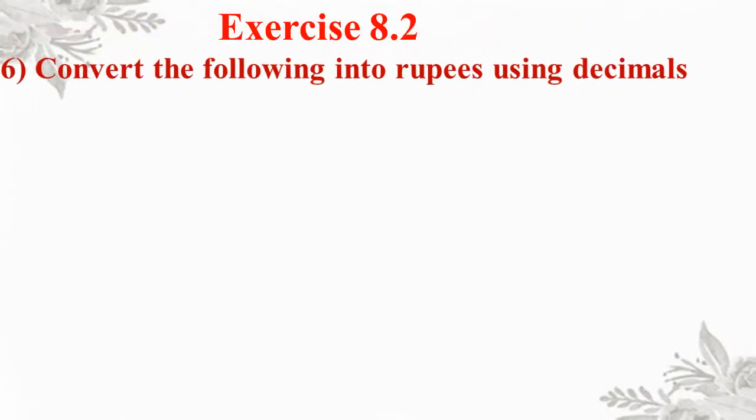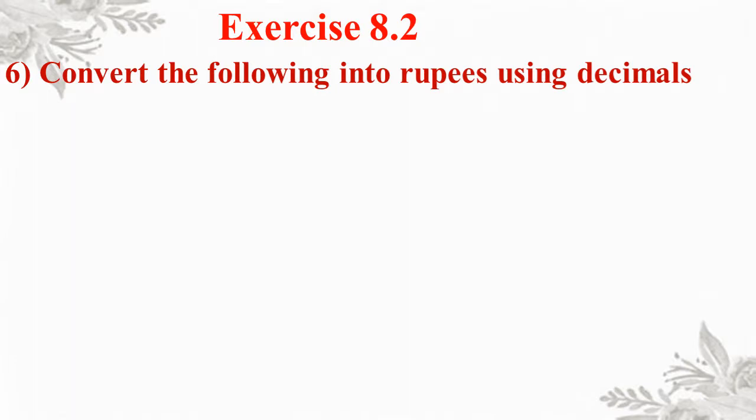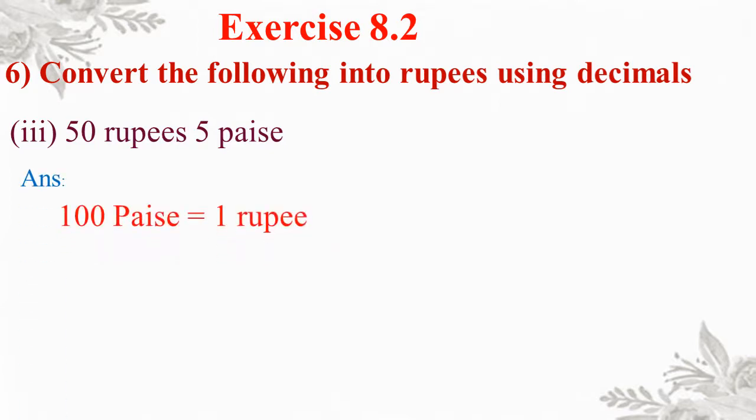Next, exercise problem. Exercise number 8.2. Sixth problem. Convert the following into rupees using decimals. The third sum, 50 rupees 5 paise. Now we want to convert into rupees. So here we know 100 paise equal to 1 rupee. So 1 paise equal to 1 by 100 rupee.